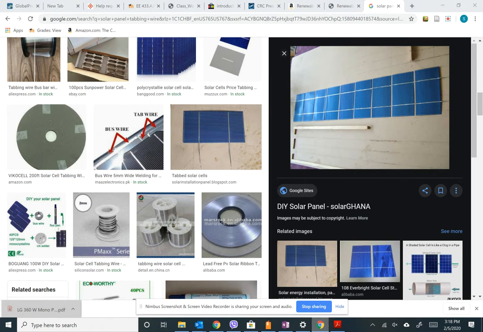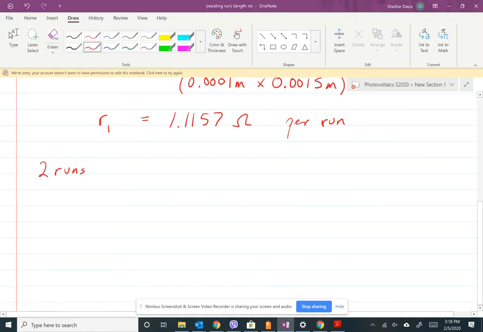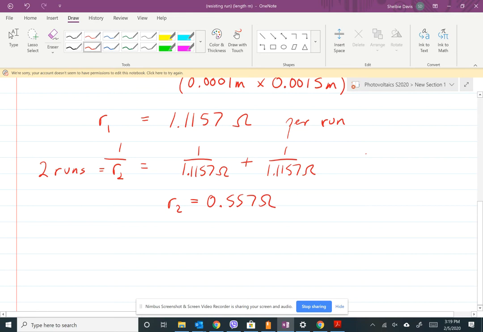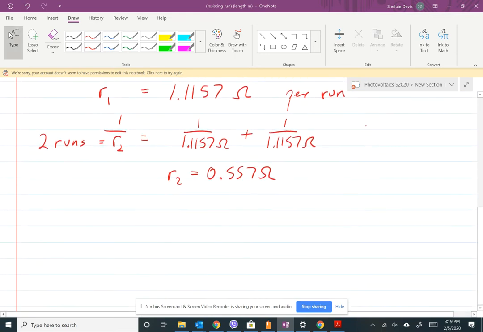Yes, you are correct. So 2 runs equals R2, which equals 1 over 1.1157 ohms plus 1 over 1.1157 ohms. So that will get you, oops, I'm sorry, over 1, right? Because we're adding in parallel. So then R2 is equal to 0.557 ohms. We do the same thing with 3 runs.